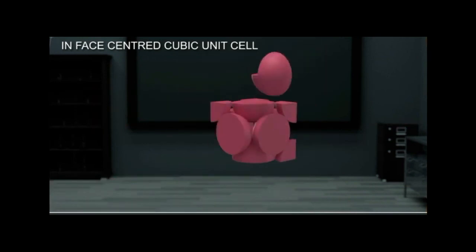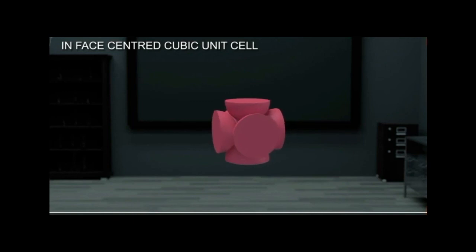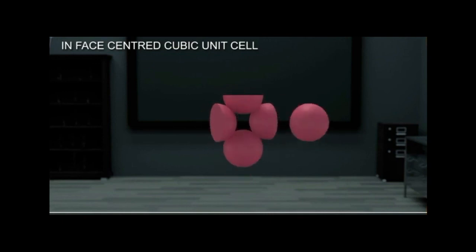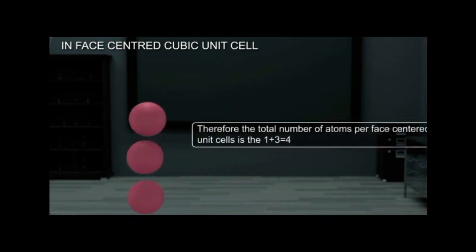We also have 6 faces, so at the 6 faces, altogether 6 particles, each being half a particle. Now you will see in the animation how these halves from the 6 faces combine together to give rise to 3 particles. There, 1, 2, 3. So already 1 from the 8 corners and 3 from the 6 faces. Altogether the total number of particles in the face centered cubic cell is 4.